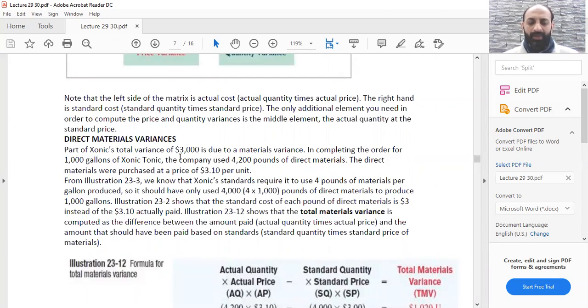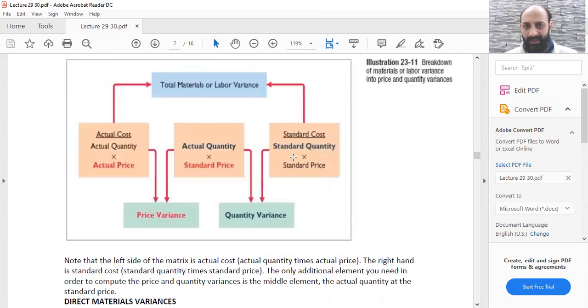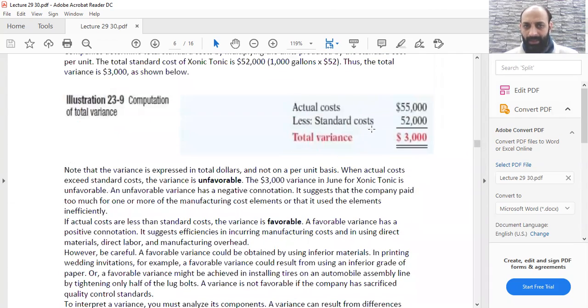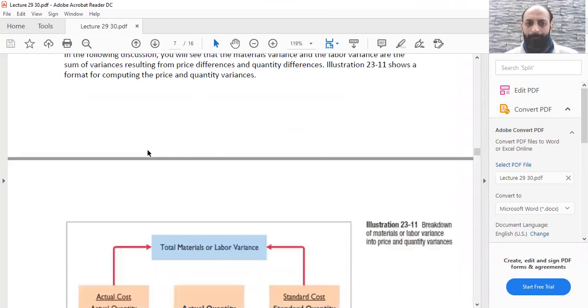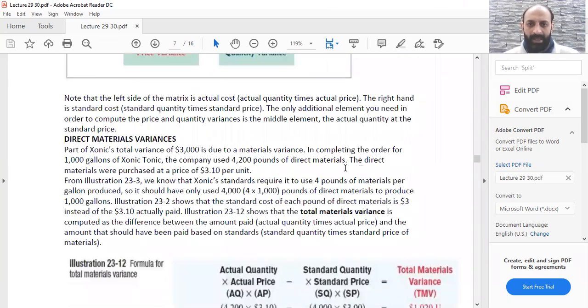Part of Zonic's total variance of 3,000 is due to materials variance as we calculated in illustration 23.9. In completing the order for 10,000 gallons of Zonic tonic, the company used 4,200 pounds of direct material. The direct material was purchased at a price of $3.10. Now, what they have done is they have given us the quantity that was used as direct material, and the price at which it was purchased as well.